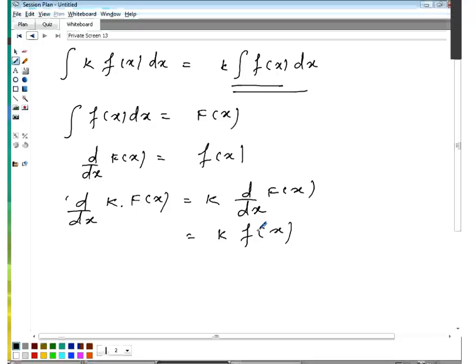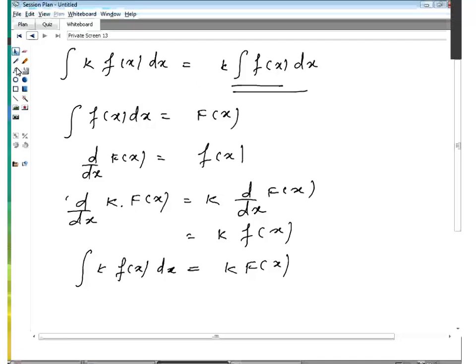From the definition, we have this, but F(x) is this thing. Integral f(x) dx. So that's proved. If there is any question, let me know.